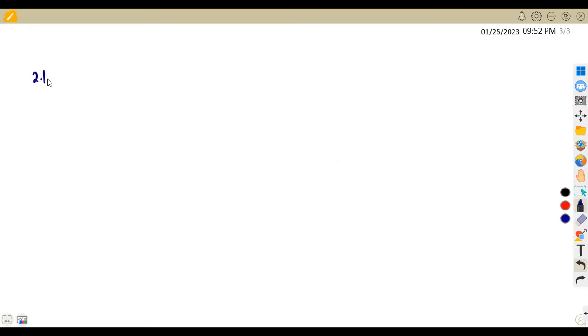Okay, so this is 2.1 where we are given 1 over x plus y to the exponent of -1 minus, in bracket, we've got 1 over x to the exponent of a half minus y to the exponent of a half, like this, everything to the exponent of 2.